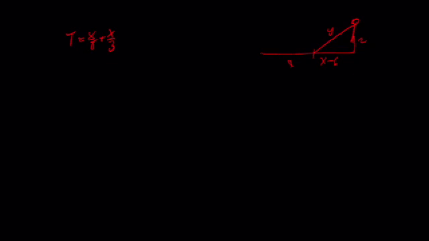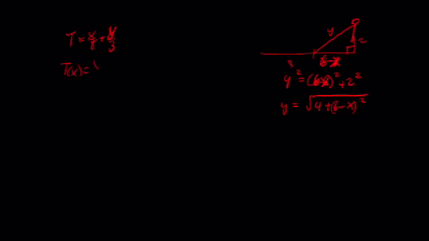I know that a squared plus b squared equals c squared, because this is a right triangle, and I think we would all agree on that. So I have y squared equals x minus 6 squared plus 2 squared. So I get y equals the square root of 4 plus 6 minus x squared. I can now substitute that back into our formula for T.